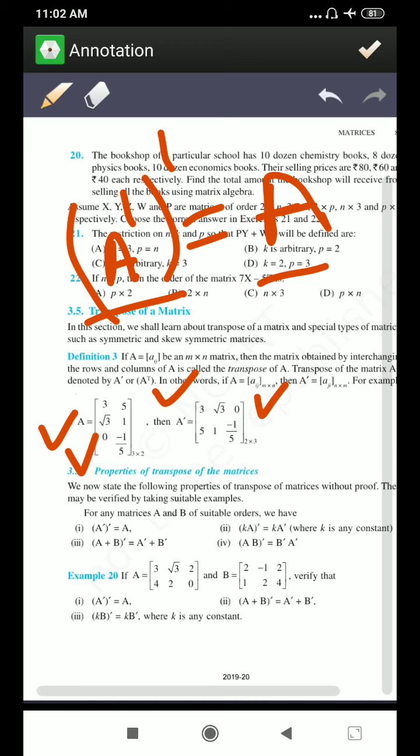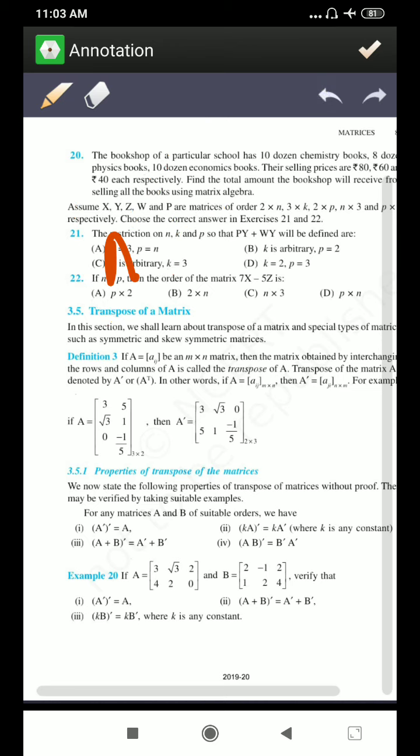Second property: if you multiply a matrix by any number and take the transpose, the number will not change anything. It can be written as transpose of KA. What is the meaning of transpose of KA? We have multiplied A by K and then taken the transpose.